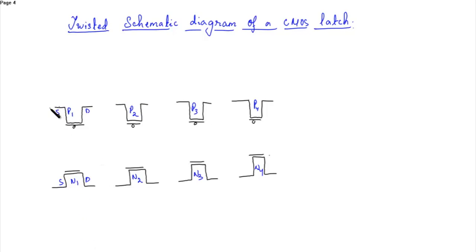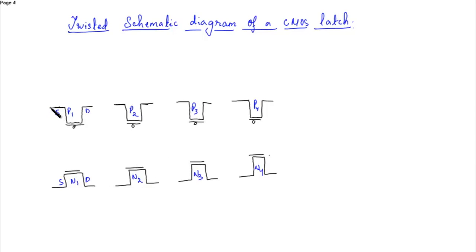So in a transmission gate we know the sources of PMOS and NMOS are connected and the drains of PMOS and NMOS are connected and the gates are interlinked. That is, the gate of PMOS 1 is connected to the gate of NMOS 2. That is, PMOS of transmission gate 1 is connected to the NMOS of transmission gate 2. So this is transmission gate 1.